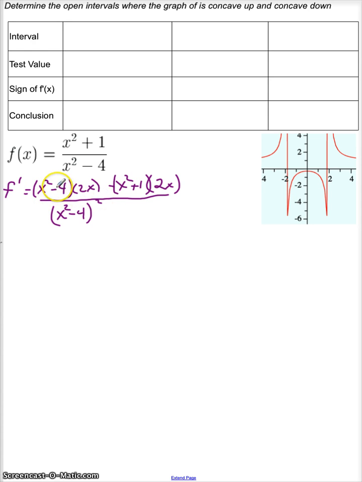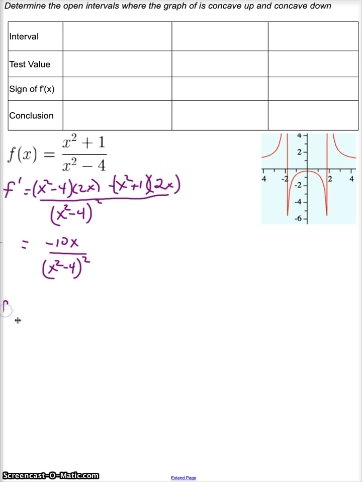Now if I simplify this, you're going to see the 2x's actually wind up canceling. So this becomes negative 10x divided by x squared minus 4 squared.